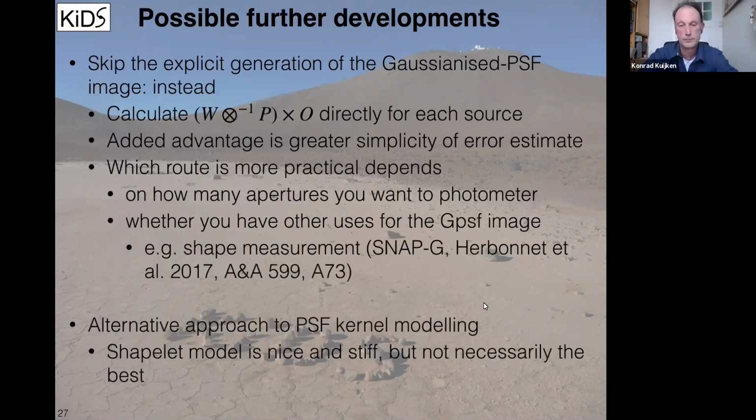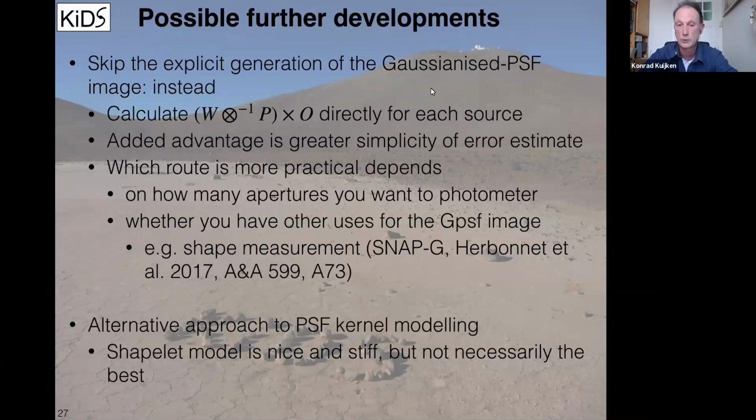On the possible to-do list are a couple of further developments. One is to skip this whole Gaussianized PSF image altogether in the whole chain and write the whole thing just as a linear problem. In the end, you're just computing some linear combination of the pixel values of the source. And so you can write this whole thing, your intrinsic aperture deconvolved by the point spread function, multiplied by the observed image.